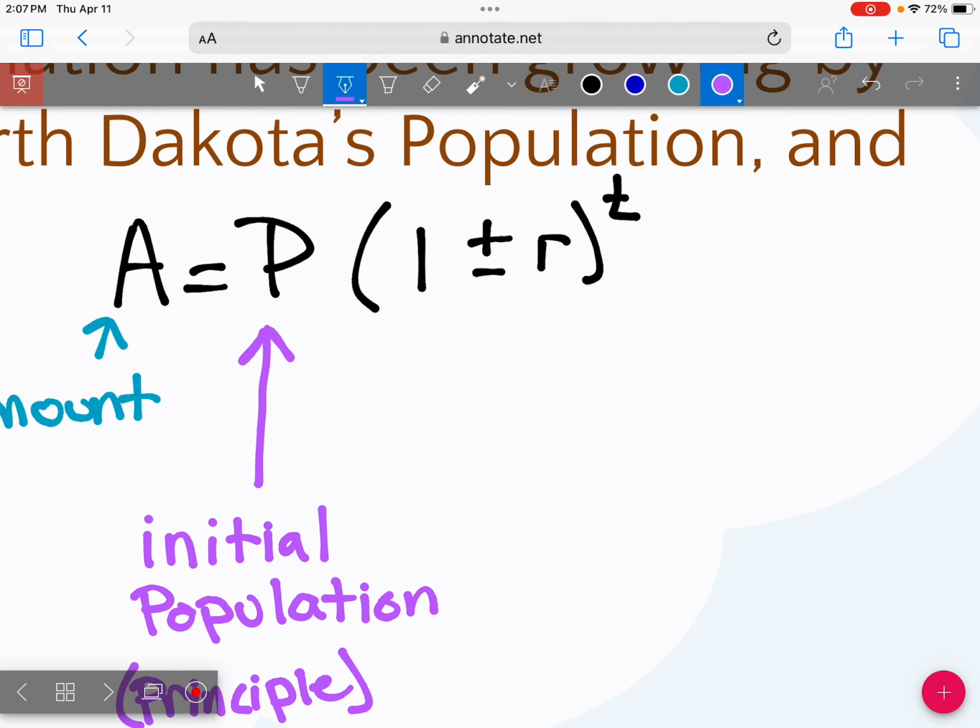1 is the number 1. It's with the letter r, and r stands for rate. So this is going to be our rate, whether it's growing or getting smaller. This is our rate, and it's really, really critical that we have it as a decimal.